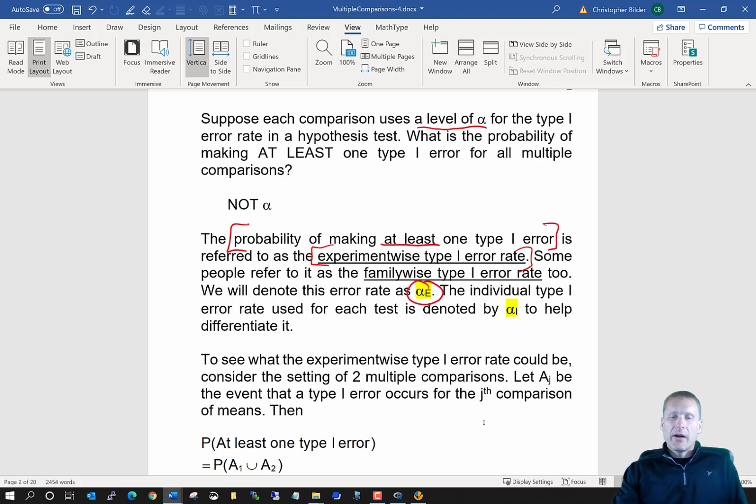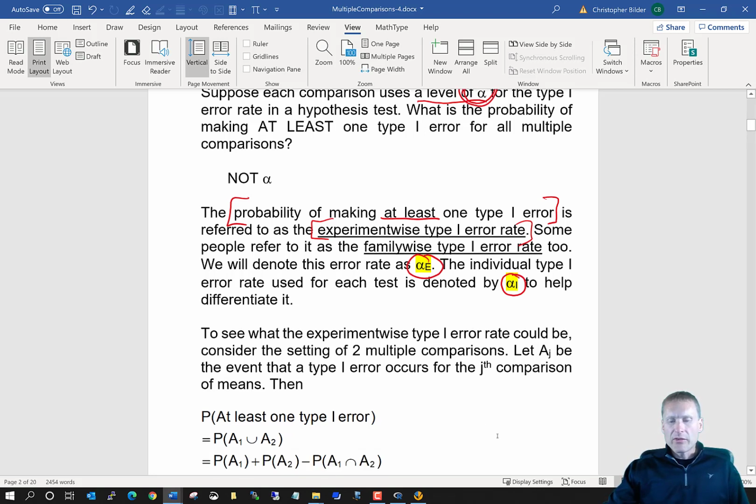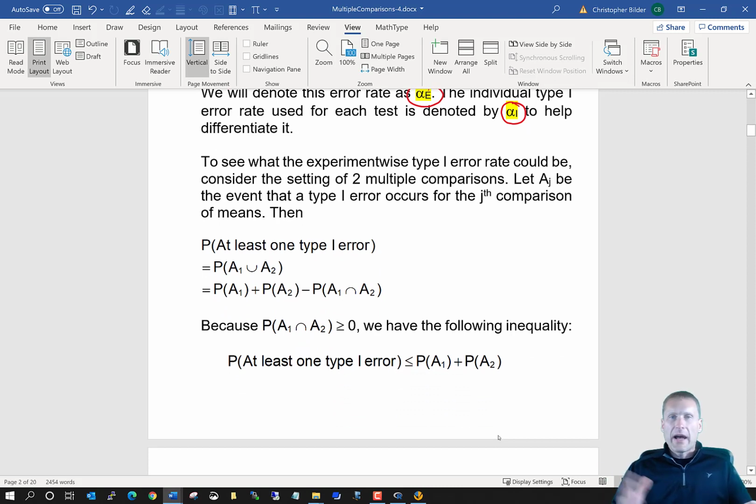Now, the alpha that we have been talking about, which is for an individual hypothesis test, we're going to denote as alpha sub i to help differentiate it from alpha sub e. And there's a nice, interesting relationship between these two. To see it, let's go back to what we learned early on in the semester when we were working with probabilities and events.